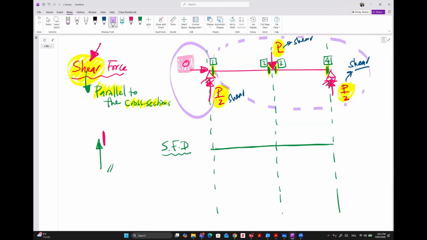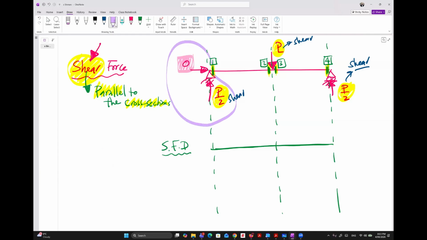Okay? Which one is easier to study as the first cut, number one? Left or right? Left. Left, because on the left we have fewer forces, right? So if I ask you, what are the forces that cause shear from the left? Here is the left again.